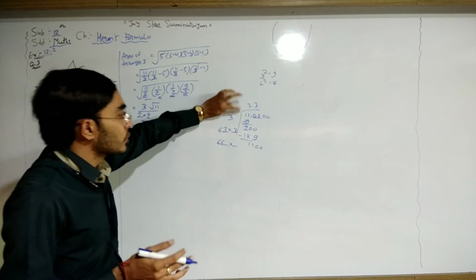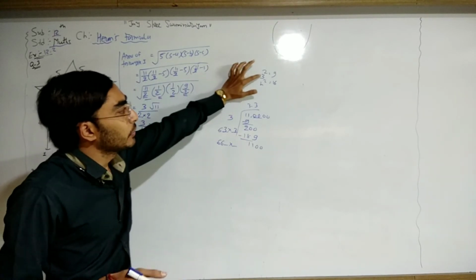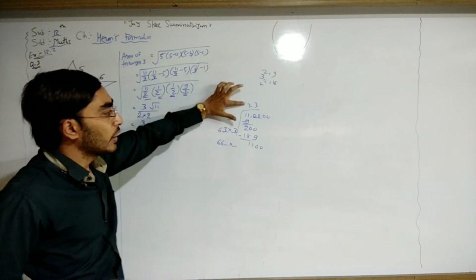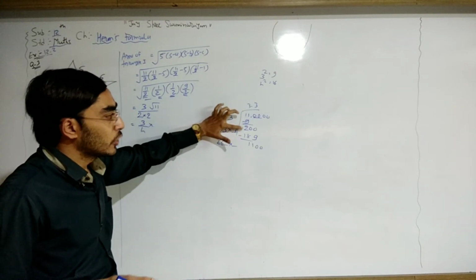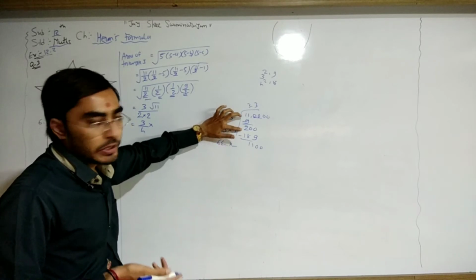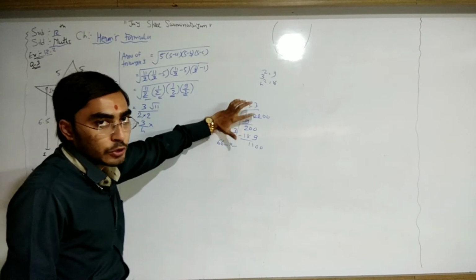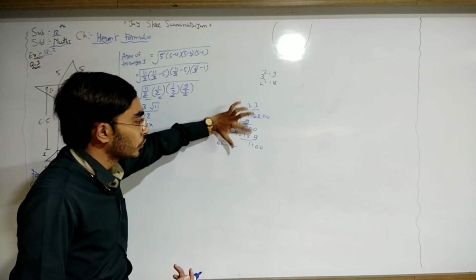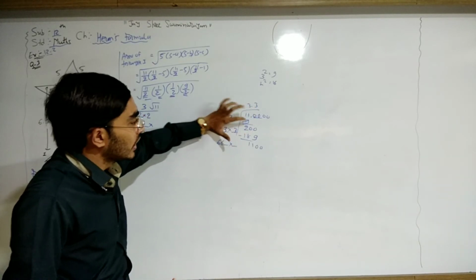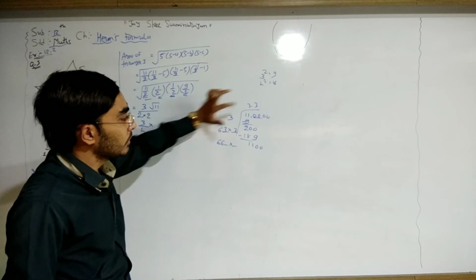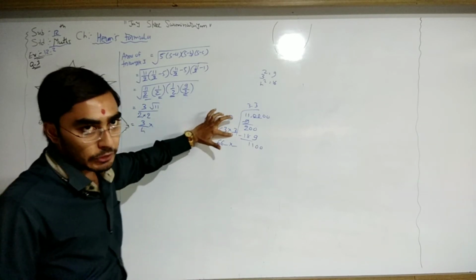Ultimately, what we need to do: first of all, 11 comes between 3 square and 4 square. So 3 square is 9, remainder 2. Now after that we do not have any digits, so we put the decimal point and two zeros, and it becomes 200. Now we double the answer: 3 multiplied by 2 is 6, with one space blank.